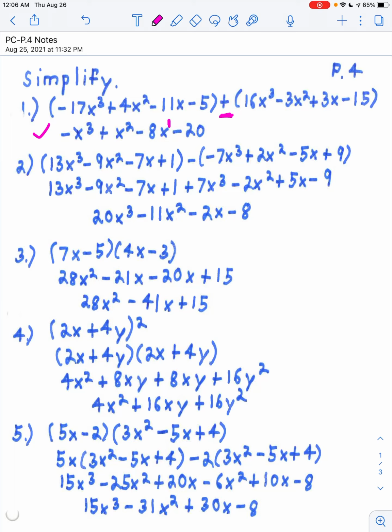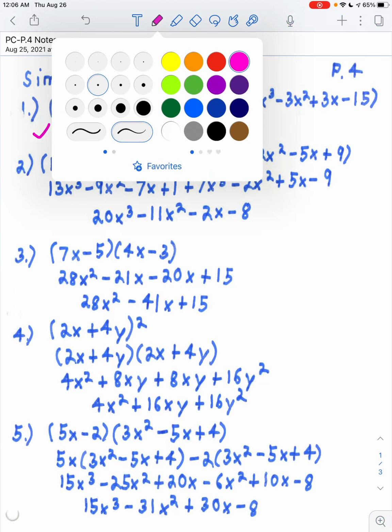In number 2, when we subtract, we have to be careful here that we let that affect each term's sign in the second quantity. So the negative 7x to the third becomes plus 7x cubed, then minus 2x squared plus 5x minus 9.